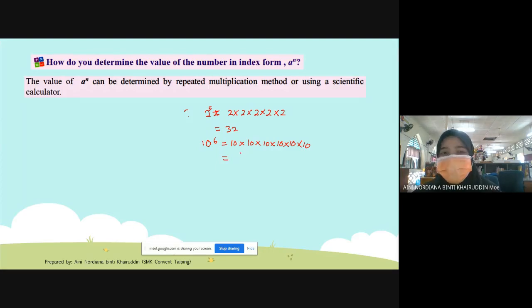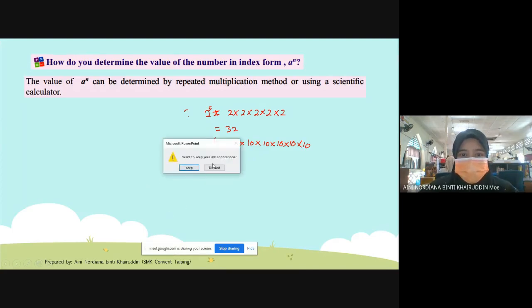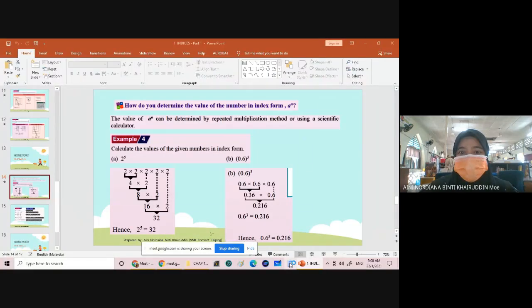Okay. How do you use your calculator? Use your calculator.